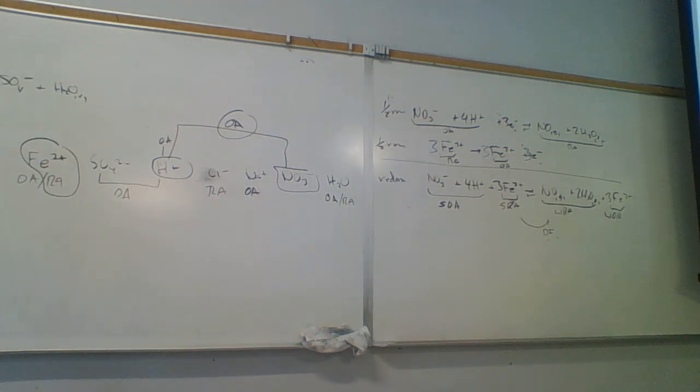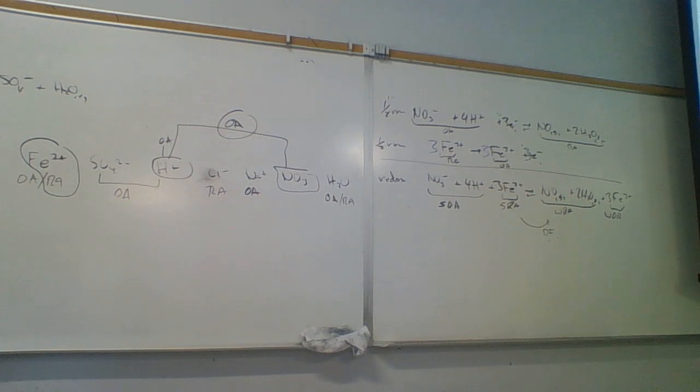There's another name for nitrogen monoxide. Do you know it? The other name for nitrogen monoxide is nitric oxide. Nitrous oxide is N2O. Nitric oxide is NO. Nitric oxide in 1992 won an award.